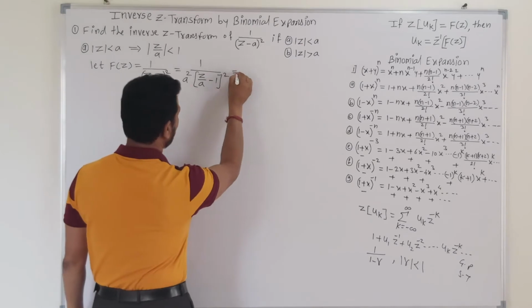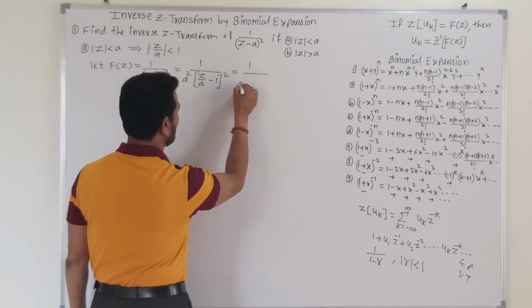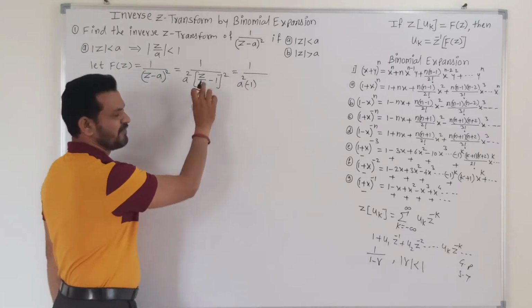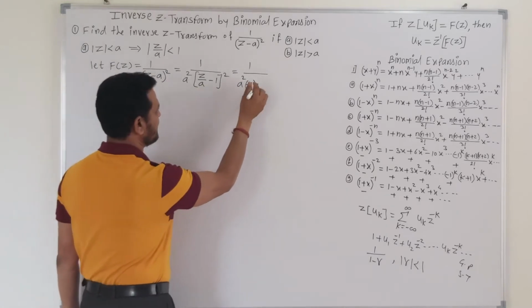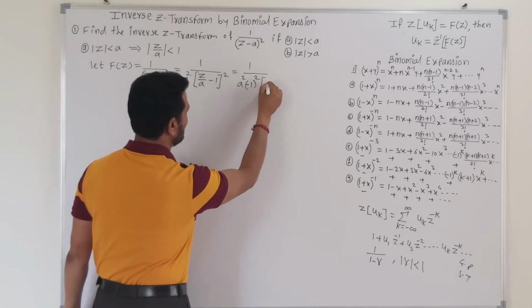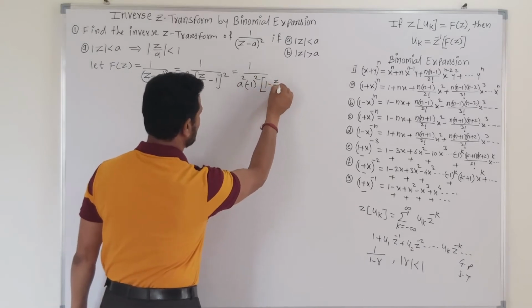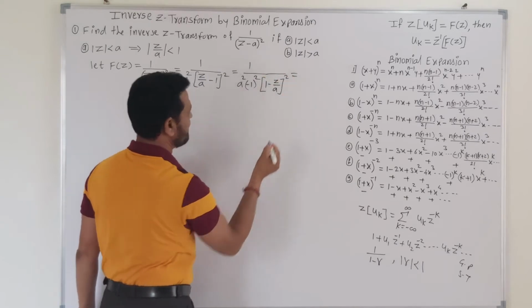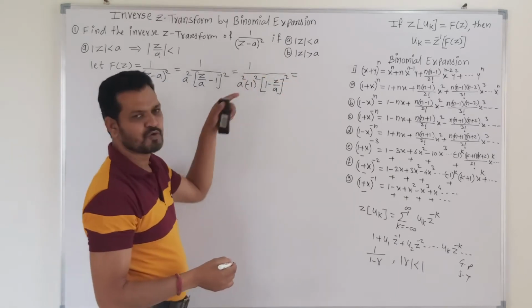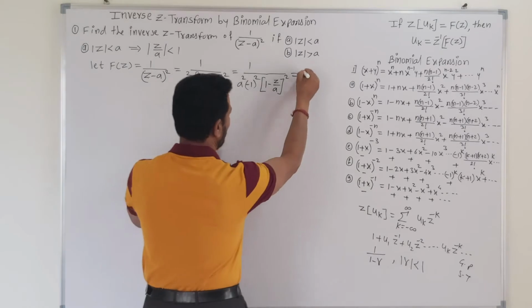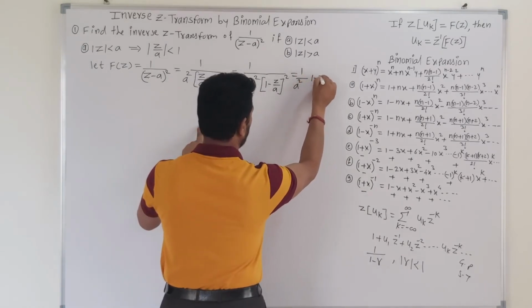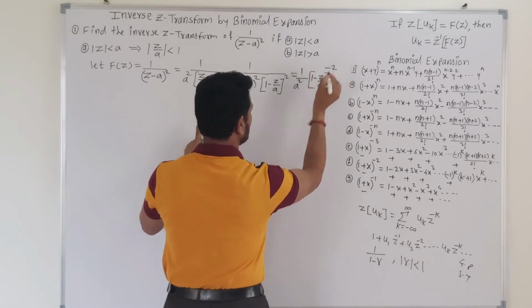When we reverse this term, we get 1 upon a squared, then minus 1 common, squared, and we get 1 minus z upon a, squared. This is minus 1 raised to 2, which is plus, so we can write this as 1 upon a squared, then (1 minus z upon a) raised to minus 2.